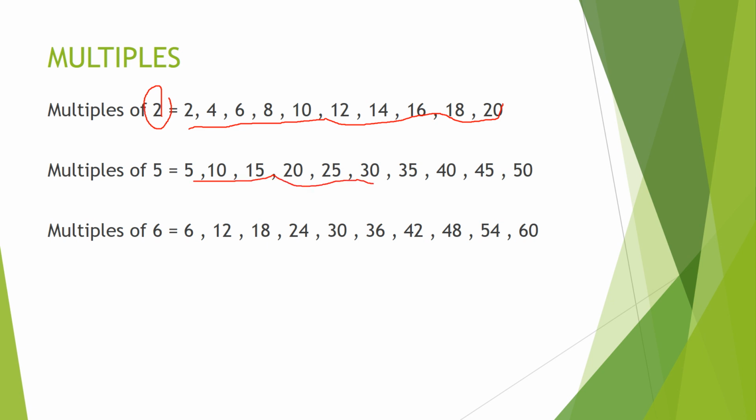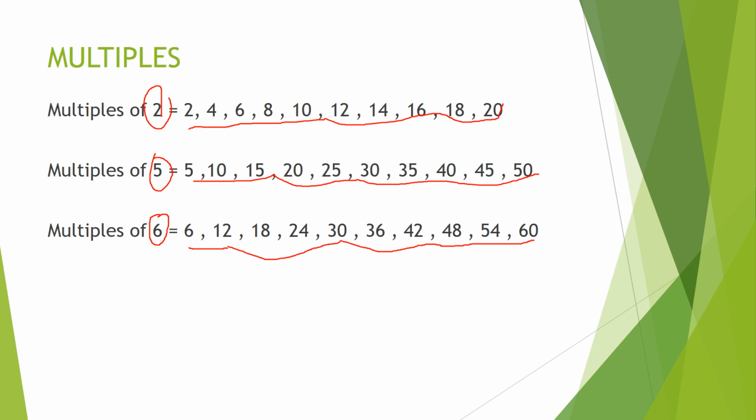Similarly, 5, 10, 15, 20, 25, 30, 35, 40, 45, 50 are multiples of 5. Similarly, 6, 12, 18, 24, 30, 36, 42, 48, 54 and 60 are the multiples of 6.